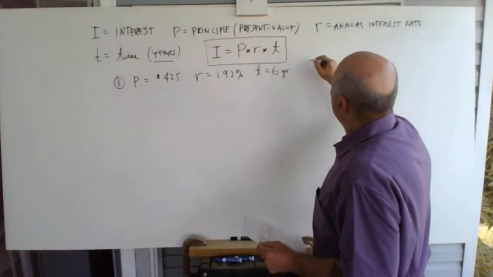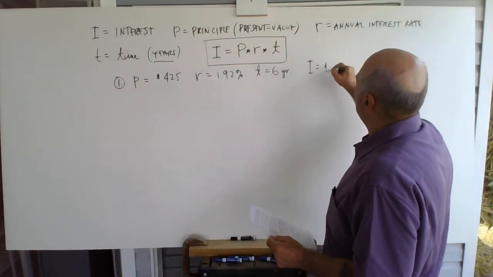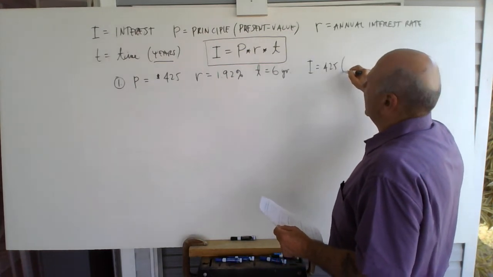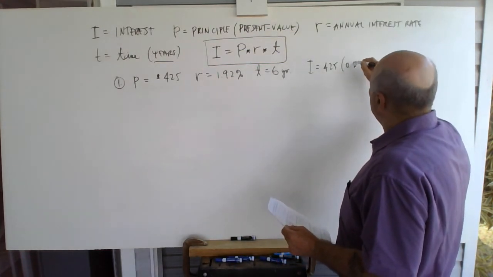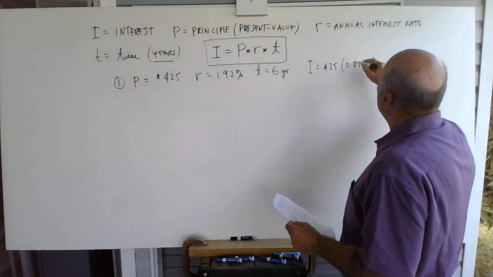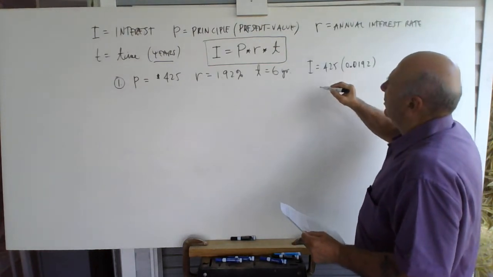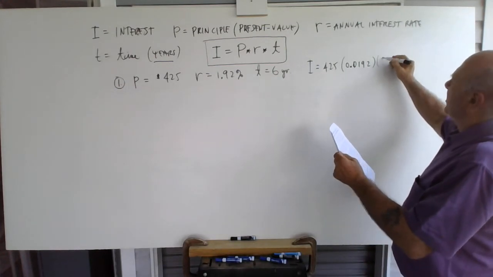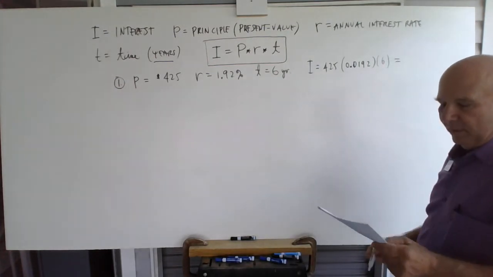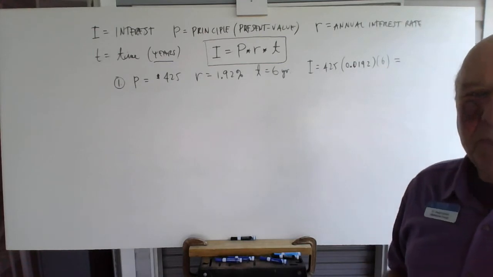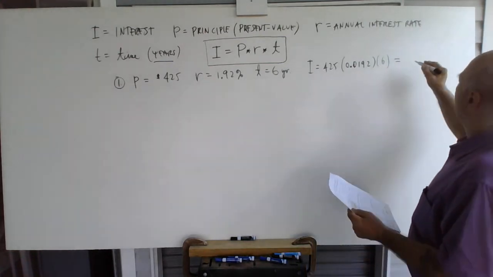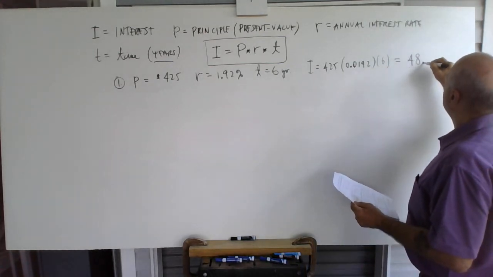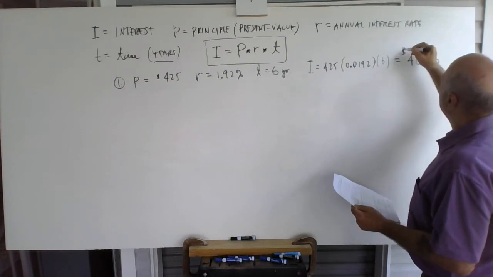So I equals 425 times 0.0192. Make sure these decimals can be seen. Times 6. Put those numbers in the calculator and you come up with the answer.